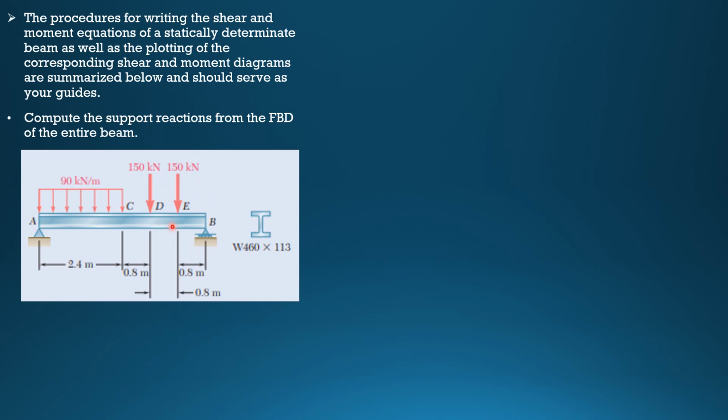So if this is the beam, which will be our first example later, we need to compute for the reactions. Summation of moment about B equals 0. So AY times 4.8, then minus 90 times 2.4 (1.2 plus 2.4, 3.6), minus 150 times 1.6, minus 150 times 0.8 equals 0.